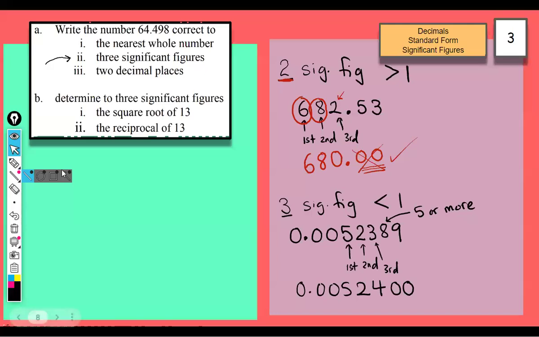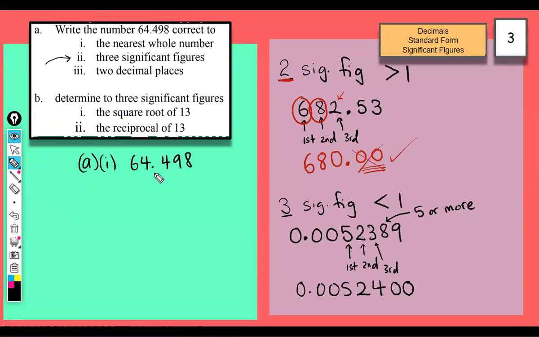Whole number. Now, let's get it here. A part 1. Remember, it's 64.498. The nearest whole number is either 64 or 65, right? But remember, if this number was 5 or more, we would have to add 1 to this.